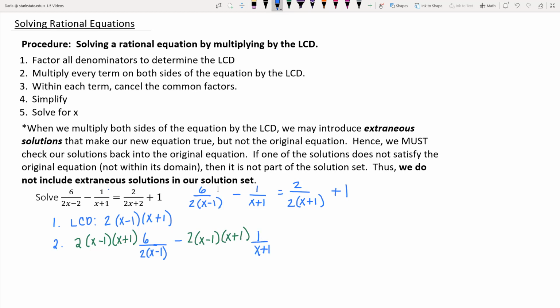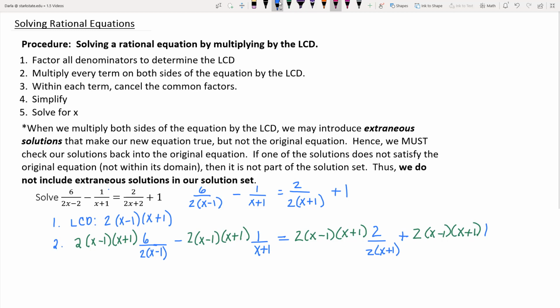Then we have this equal sign, include the equal sign, and then multiply your LCD by your third rational expression, which would give us the 2 over 2 times x plus 1. And then last, we need to add in our LCD being multiplied by the last expression. Even though it's not rational, it still needs to be multiplied by the LCD, so don't forget to do that, and times that 1.